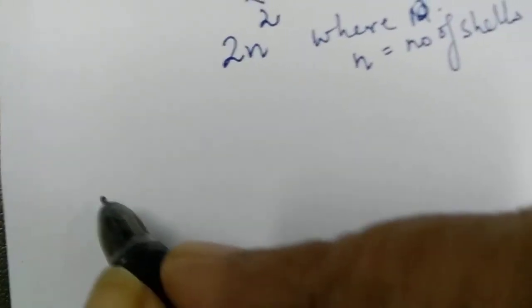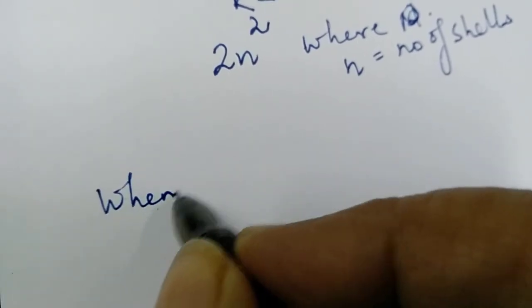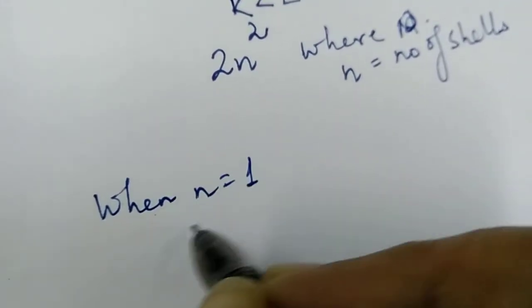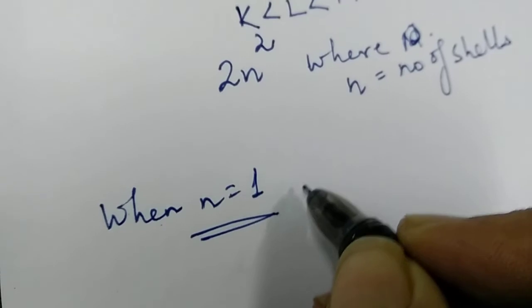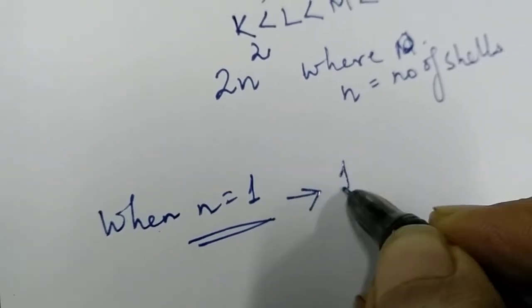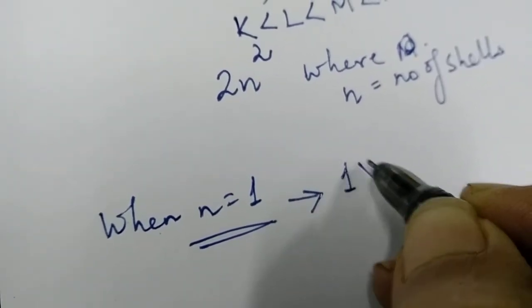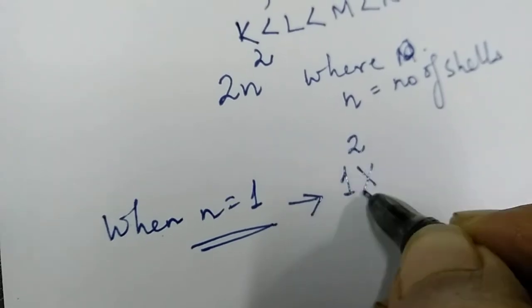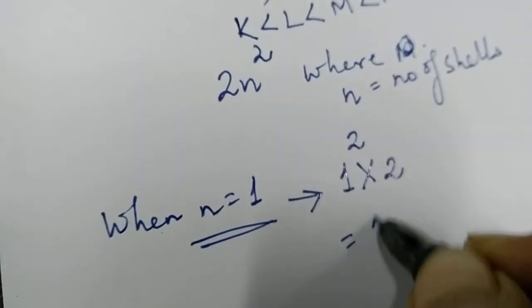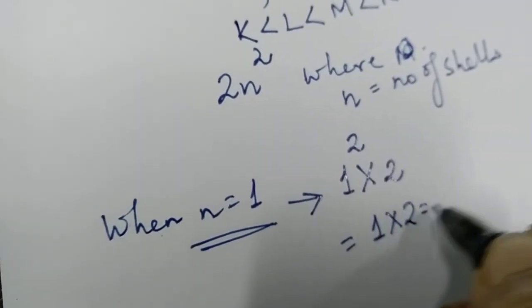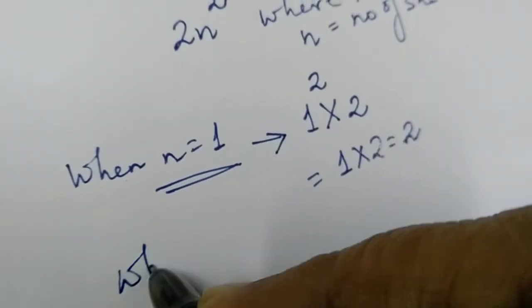So, when n is equal to 1, that means the first shell, then the number of electrons will be 1 square into 2, so 1 into 2 means 2. That means in the first shell there can be only 2 electrons.